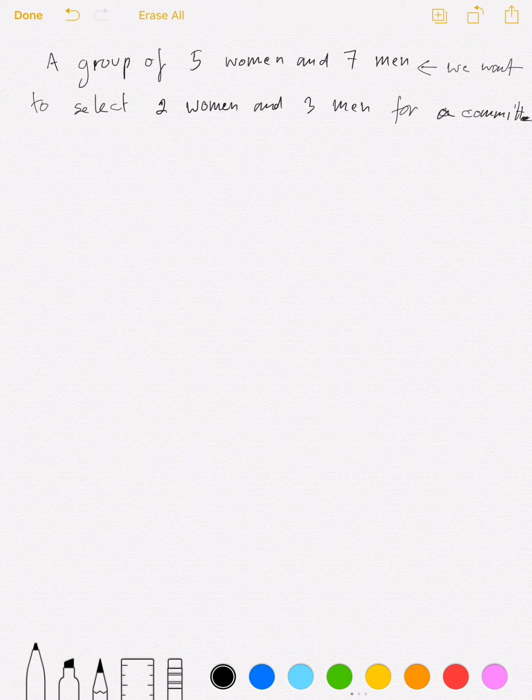So from these 5 women we want to select 2 women, and from these 7 men we want to select 3 men. Well, the first approach is that we can select the women first.